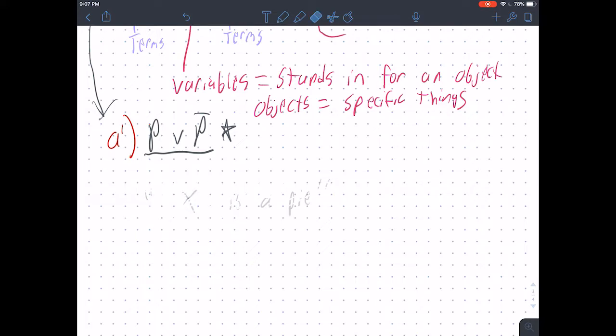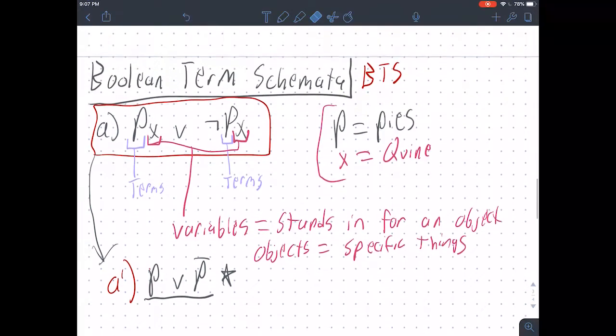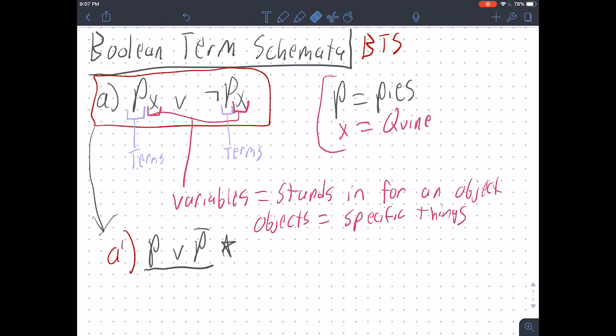And that's why, with Boolean term schemata, we can do truth value analysis the same way. It's exactly like truth value analysis, except with capital letters. So I'm just going to give you some more examples of this.